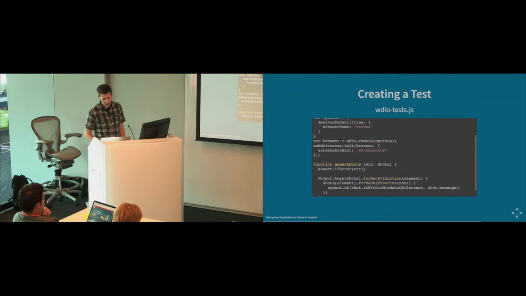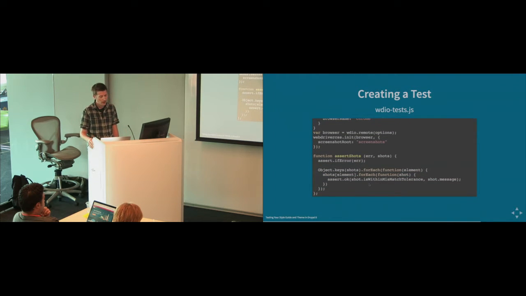And then at the bottom here, this is just a function that handles the assertion for the screenshots. It's something that I got out of a gist that was included in some documentation on this process. But it basically just iterates through all of the screenshots, compares the new one to the baseline, and raises an exception if it's different within a particular mismatch tolerance.